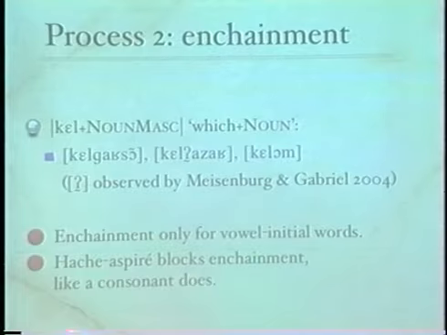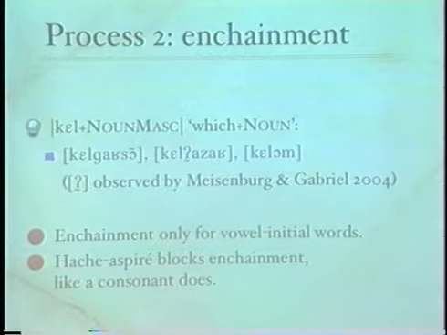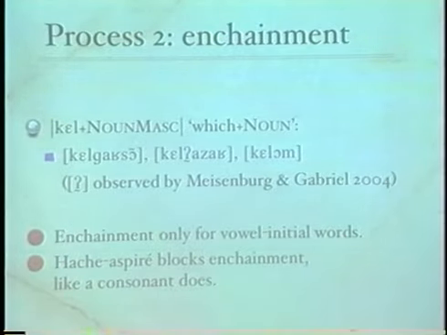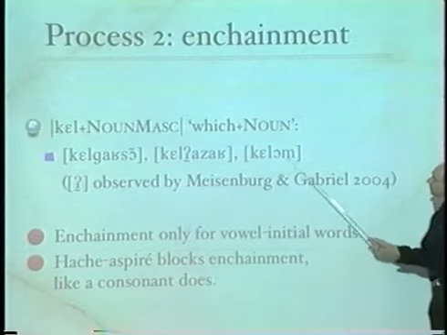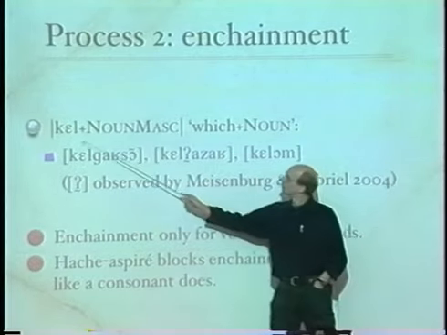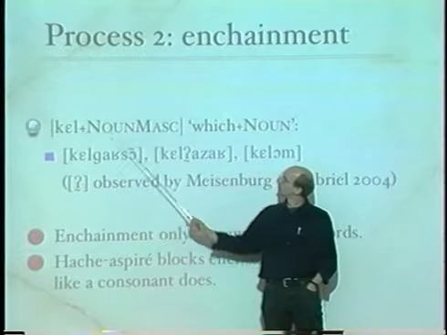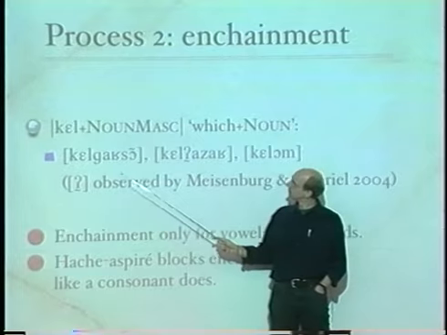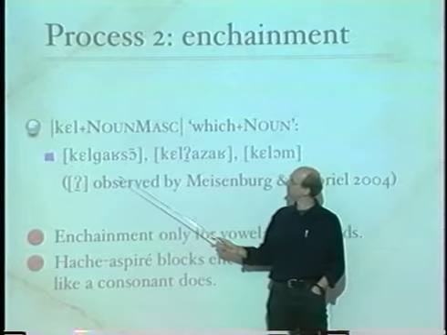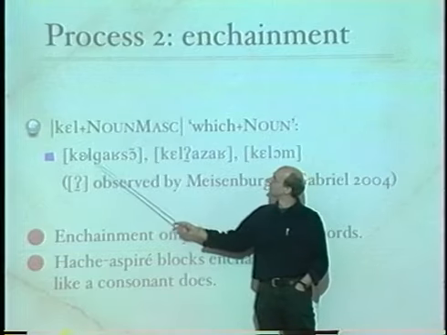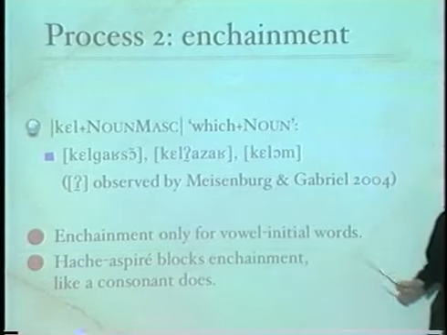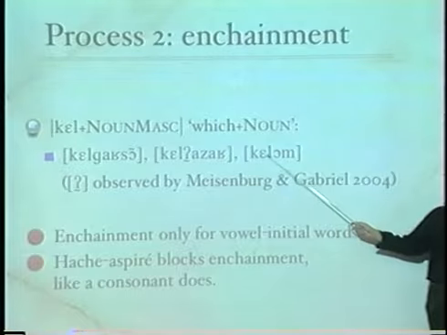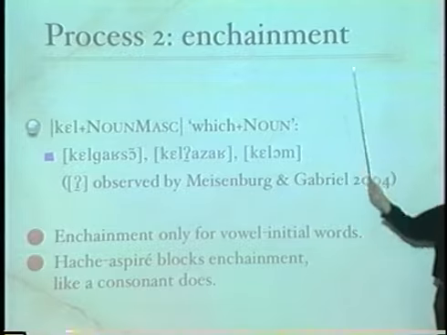Okay, second process. Enchaînement or enchainment. This happens with vowel initial words. The word quel, meaning which, followed by a masculine noun. Quel garçon, quel hasard, quel homme. Now in the case of quel homme, you see this so-called enchainment.